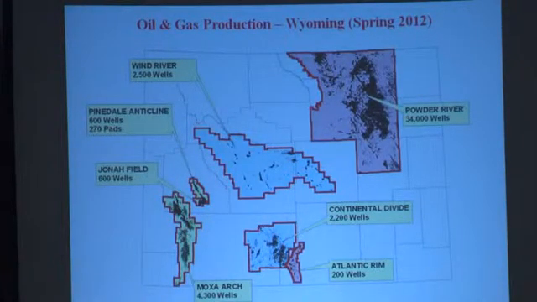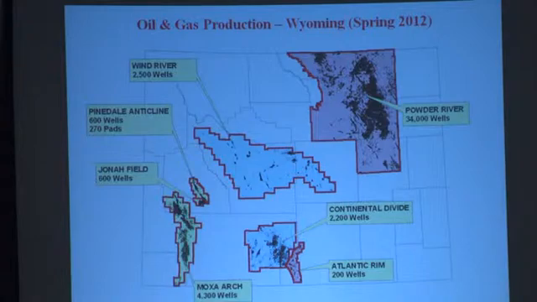That's because a lot of those are coal bed methane wells, and they're much smaller wells, so there's more of them. The wellhead for a coal bed methane well is about the size of that tank. So you don't see it as much. They're not the huge rigs that you can see from miles away.